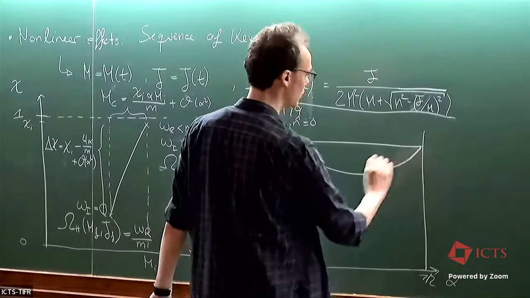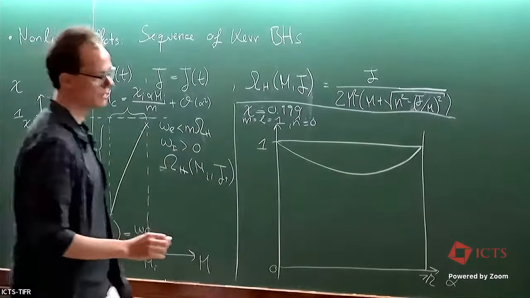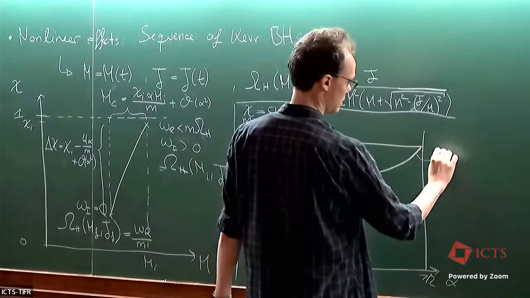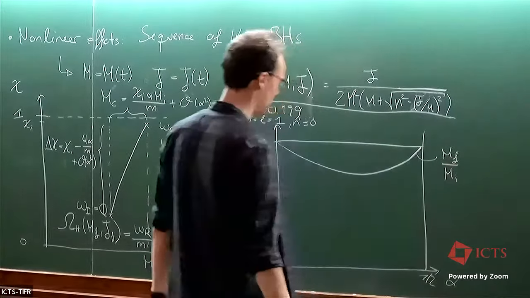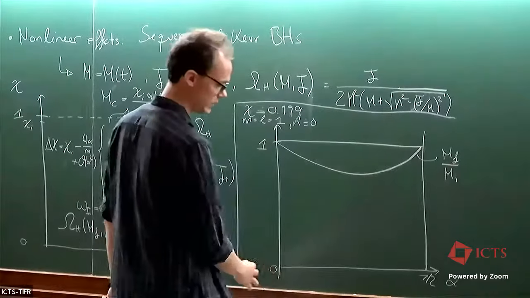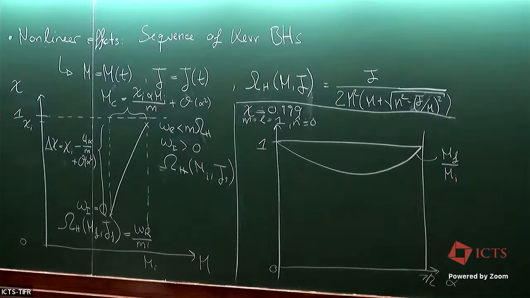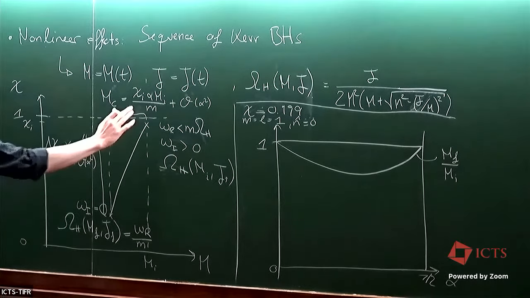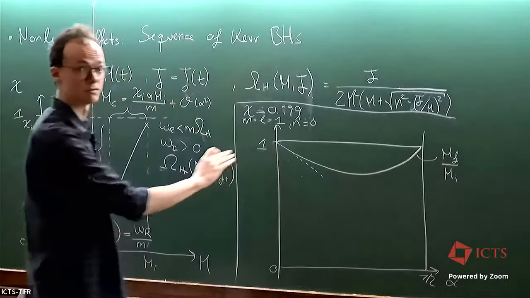Then if you consider the full expression instead of just the expansion in small alpha, the final mass of the black hole divided by the initial mass looks something like this across the entire parameter space in alpha. The expression that we found here is just valid in the small alpha regime.